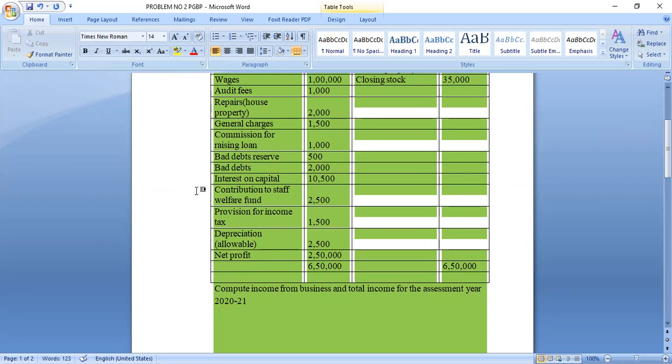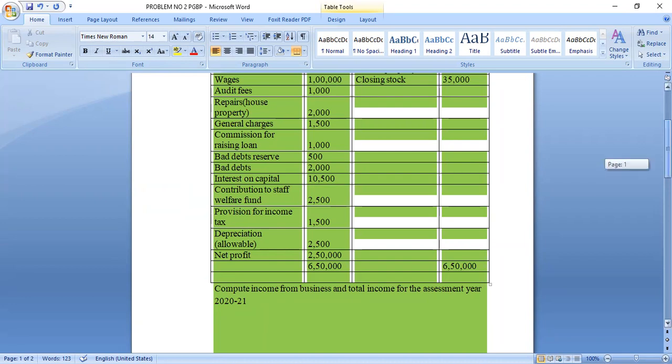Next, interest on capital, that is not allowed. That is not concerned with the business. That is not taken as business expenses. Interest on capital is a personal one, so that is disallowed.